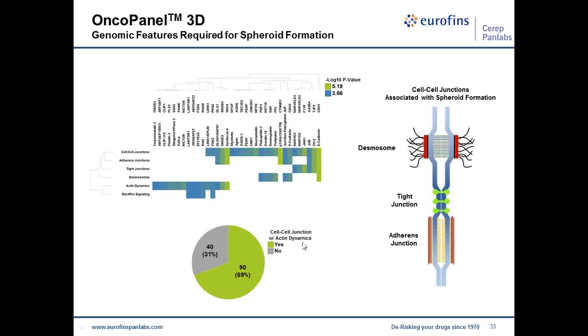And when you look overall at all of the genes that were considered upregulated during spheroid formation, almost 70% of those genes fell into this larger bucket of either cell-cell junction or actin dynamics. So that's really a striking result, but also makes a lot of biological sense because we knew this cell organization was going to be important.